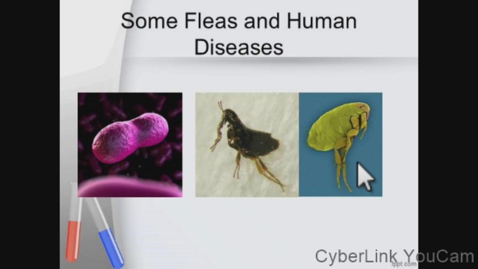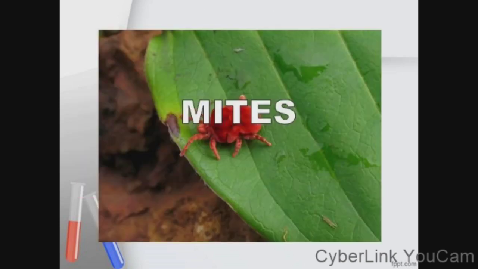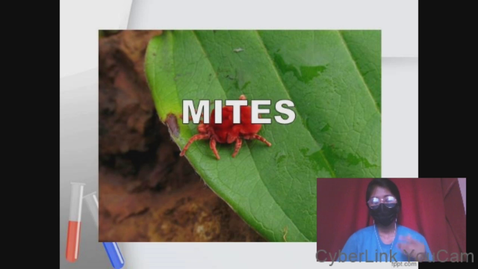Bear with me, I don't know how to pronounce this properly, but I'll try. They are also vectors of non-epidemic typhus of man called murine typhus. Now, we're done with fleas.